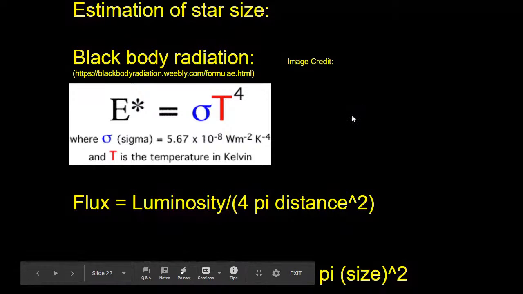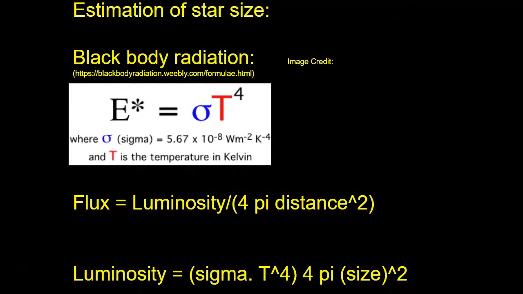That means if the star has a radius r0, then the photosphere surface area is 4 pi r0 square, where r0 is the radius of the star. I'm assuming that the star is of spherical shape.